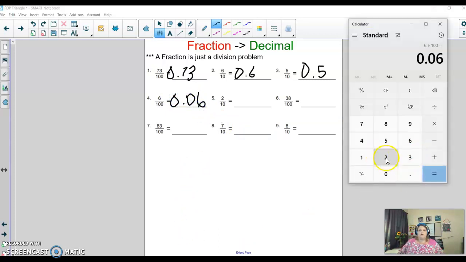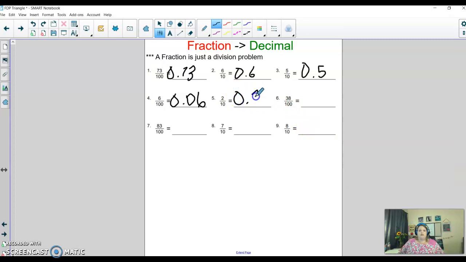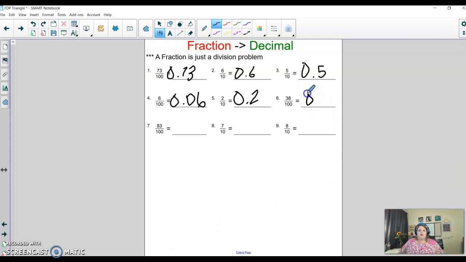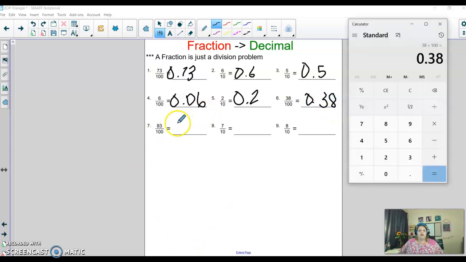2 over 10 would be 2 divided by 10, which would be 0.2. 38 divided by 100 would be 0.38. 83 over 100 would be 83 divided by 100.